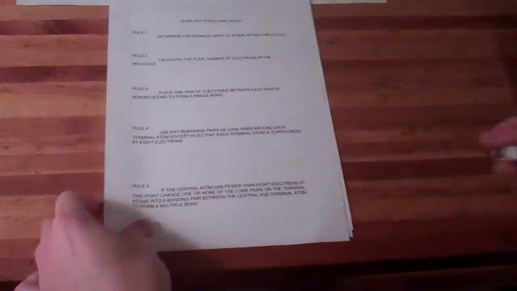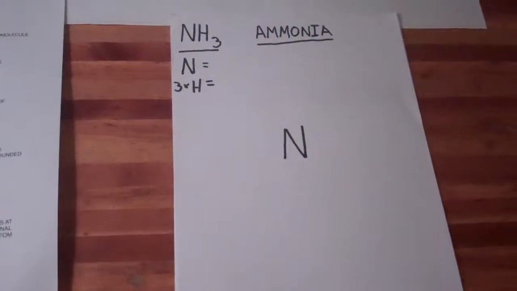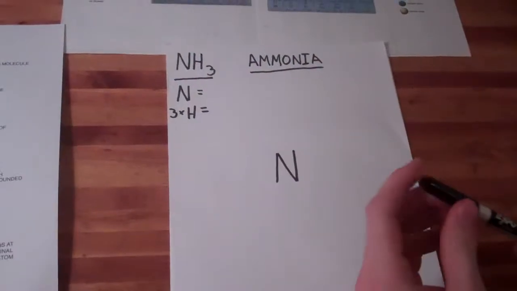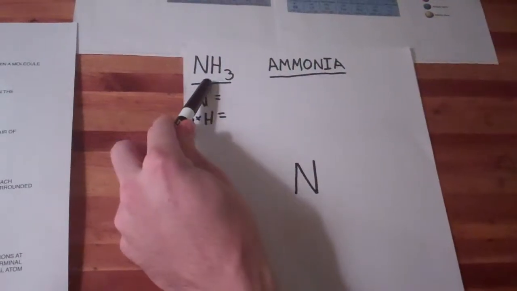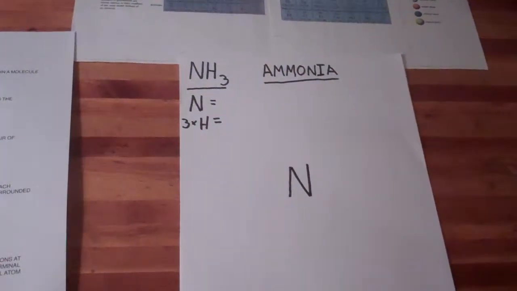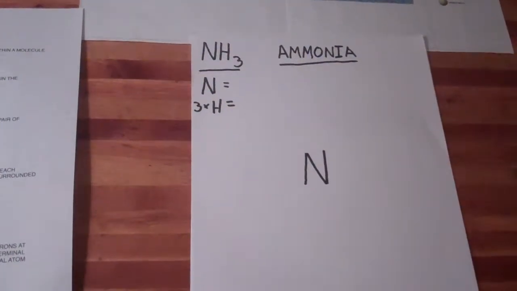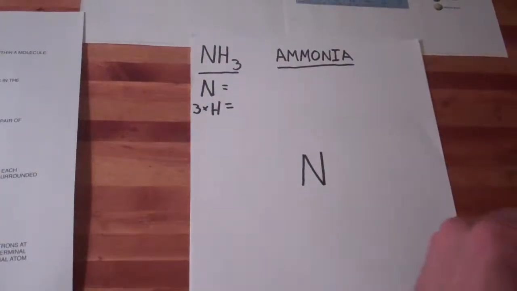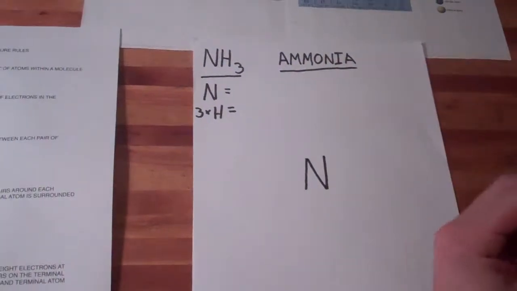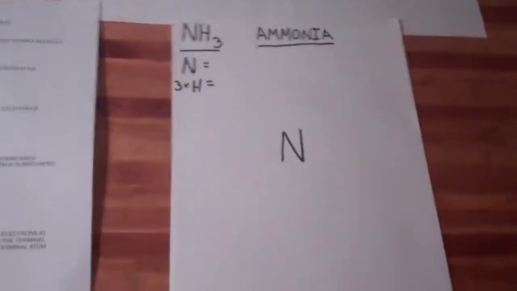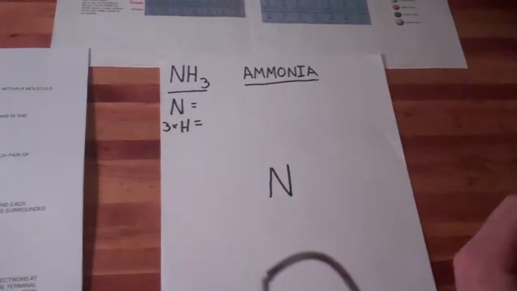So, to start off, we are going to do ammonium. And as you can see, we have ammonium over here. I wrote out this, and we'll get to that right about now. So we're going to use Rule 2, and we're going to calculate the number of electrons in the molecule.